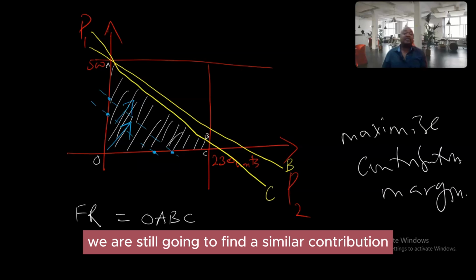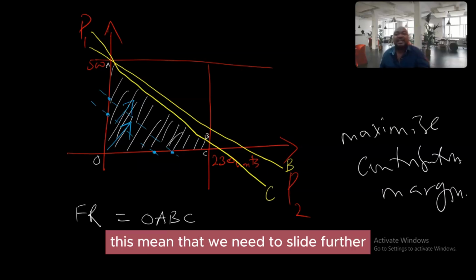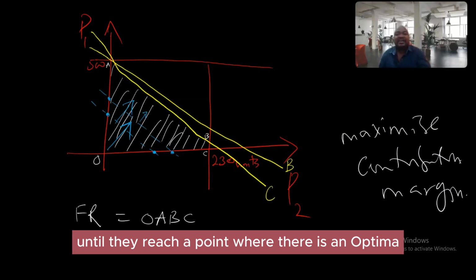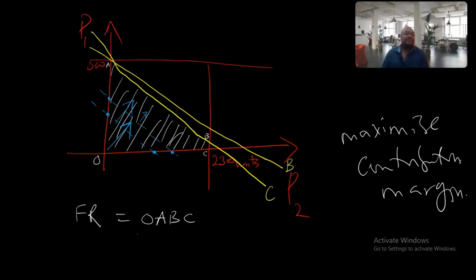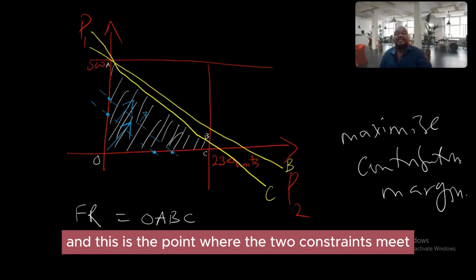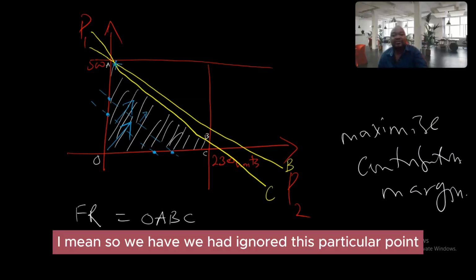Okay, so the objective is to maximize profit or contribution. This means that we need to slide these ISO contribution lines further until they reach a point where there is an optimal contribution point.